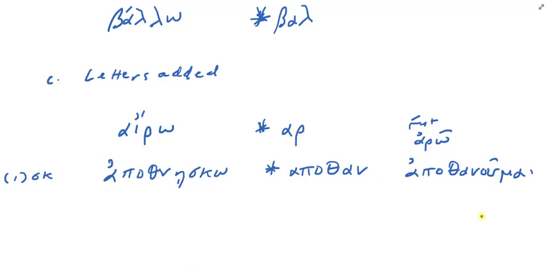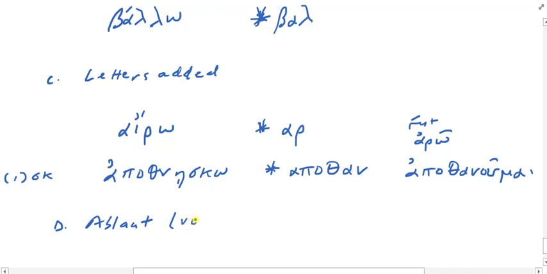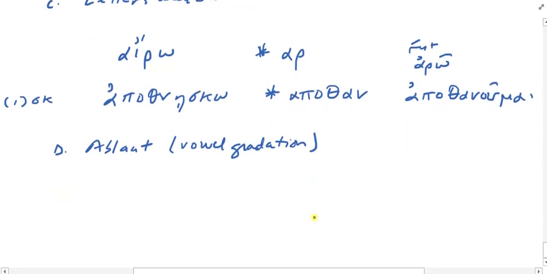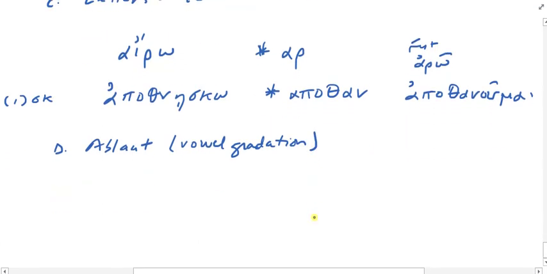Another example of letters moving around. So this is D, ablaut. And if you remember, I referred to this as vowel gradation, where vowels can change their length or sometimes drop out altogether.